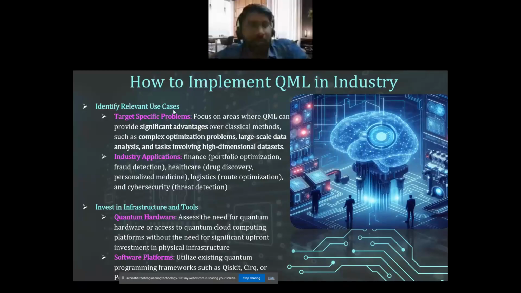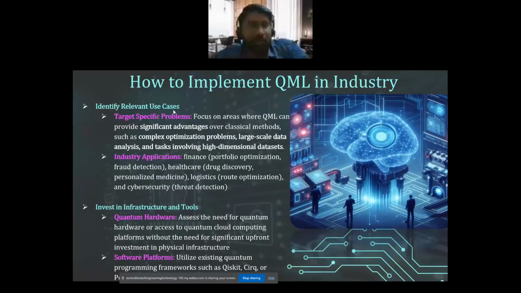Whether quantum machine learning gives me efficient results. For example, a few problems can be handled in classical machine learning itself, so there is no need for upgrading to quantum machine learning. Why? Because it's a very costly thing right now.